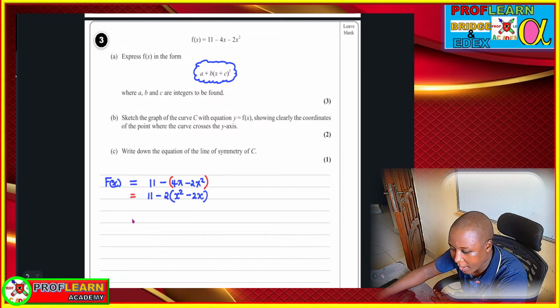So we can go ahead now and start applying the completing the square. So I have my 11 minus 2 into brackets. I want to complete the square of what's inside here. So I'll take x minus 1, then squared, then minus the square of this number, which is 1 squared.